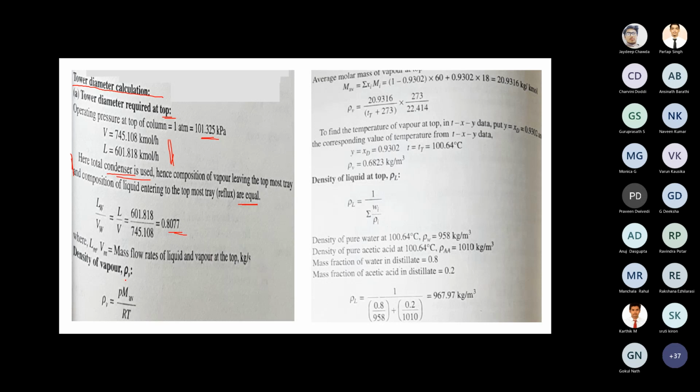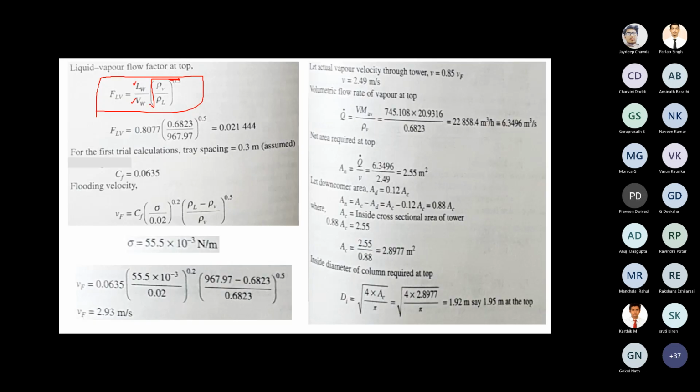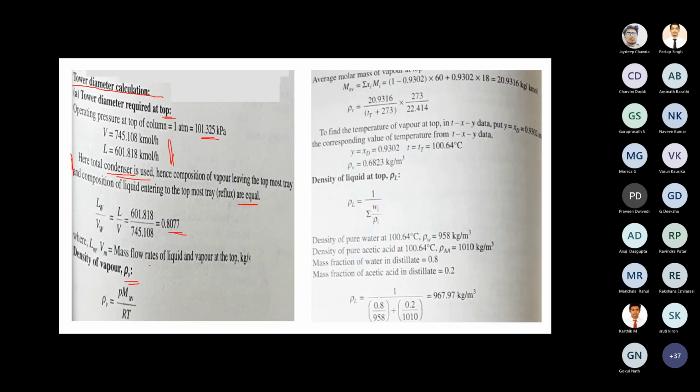Then you should know the value of the density of vapor, because that's in the equation. So LW by VW root of rho V by rho L, where LM and VM are mass flow rates, in kg per second actually. Rho V you can calculate from PM by RT. So M average you can calculate at the top.